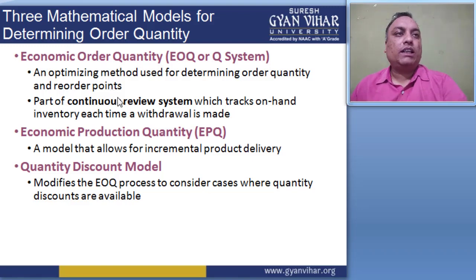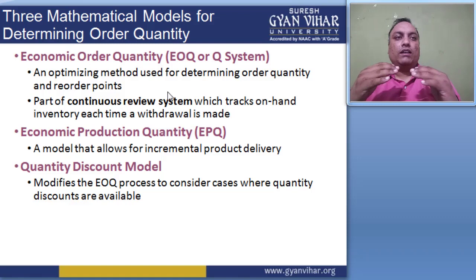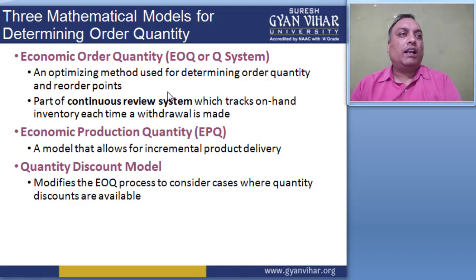The economic order quantity is an optimization method used for determining order quantity and reorder points, and it is a part of a continuous review system which tracks on-hand inventory each time a withdrawal is made from inventory.